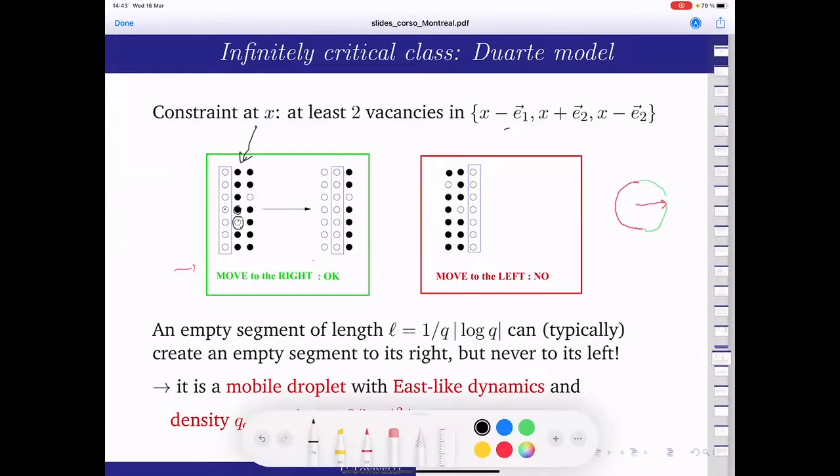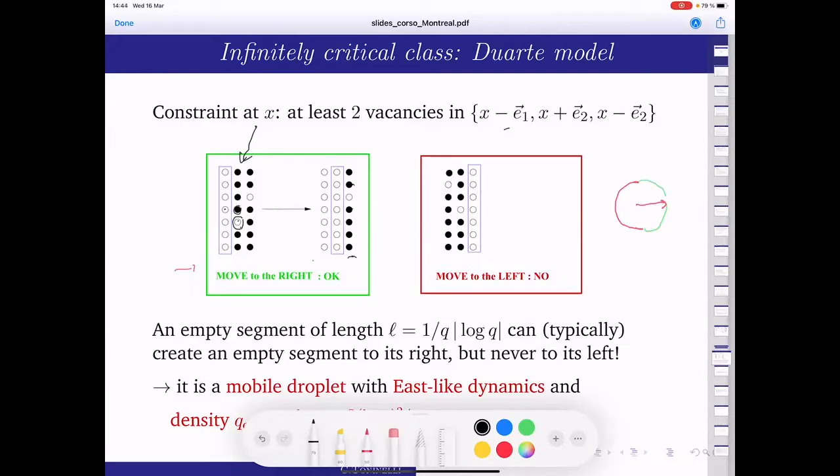So I can empty the whole column. And if in the next column to the right I find at least one empty site somewhere, in the same way, starting from its nearest neighbor, I can empty all this column, which means that if I have a column which is completely empty and which sees on the right at least one empty site on the next column, I'm able to move it to the right.